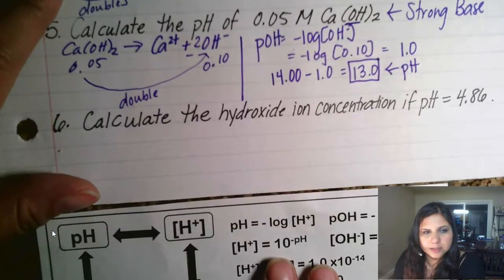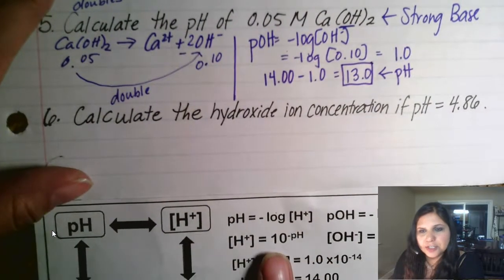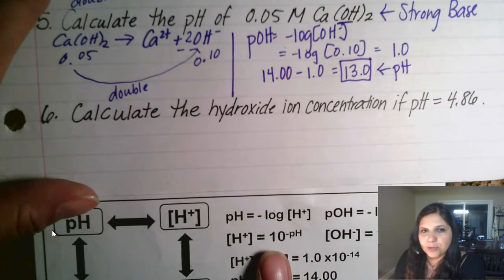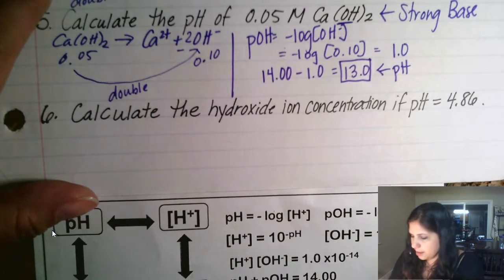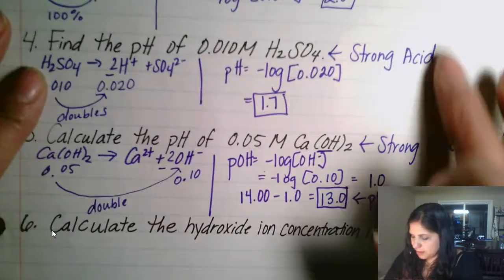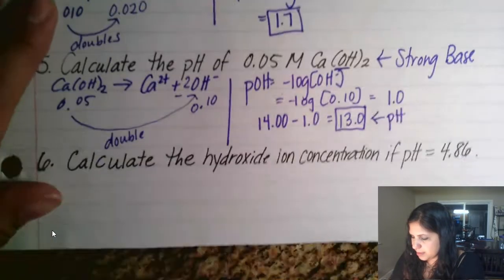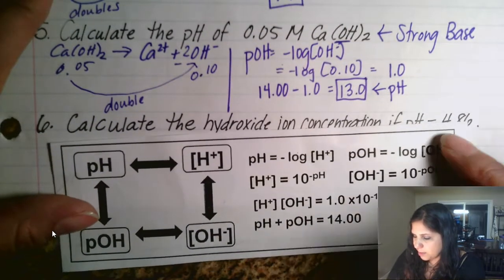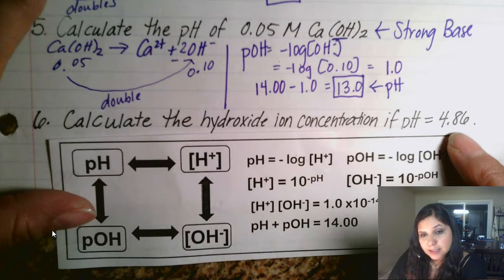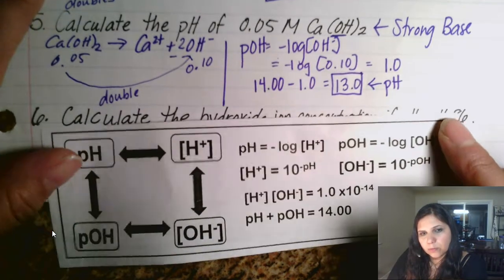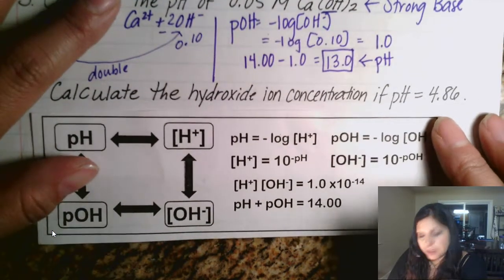Okay, last one. Calculate the hydroxide ion concentration if the pH is 4.86. All right, so then we don't have an equation to deal with, strong acid or strong base. We just have to look at this. We have a pH of 4.86. So, and we want hydroxide ion concentration.